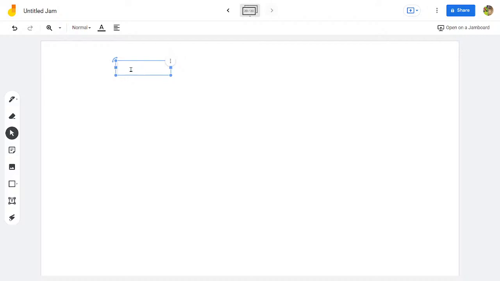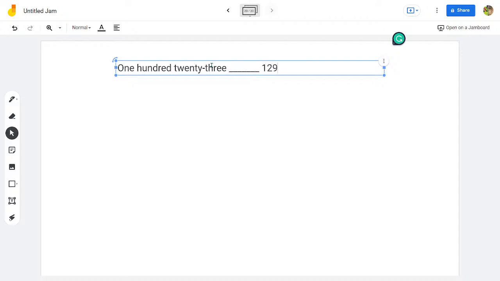Let's say we have two numbers. One is 123, while the other number is 129.